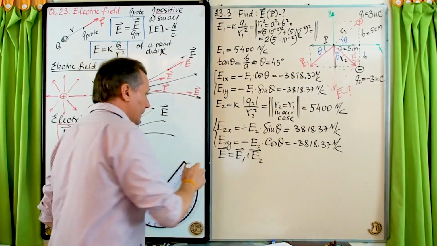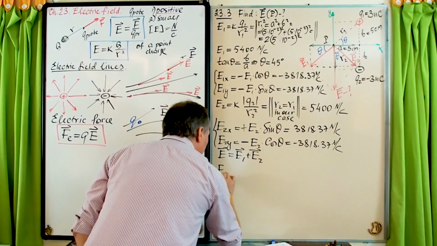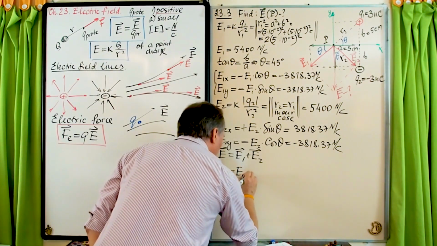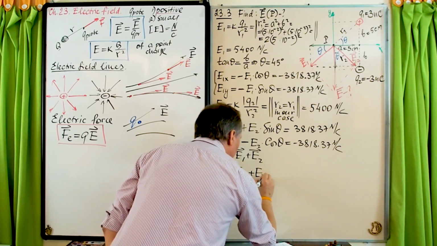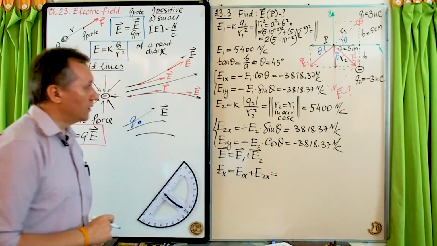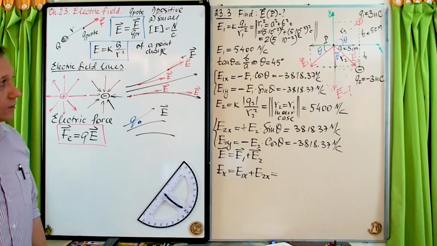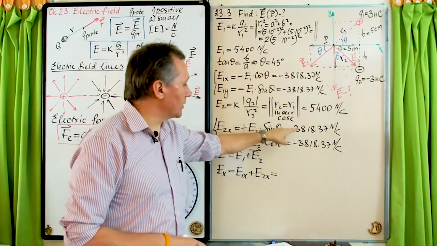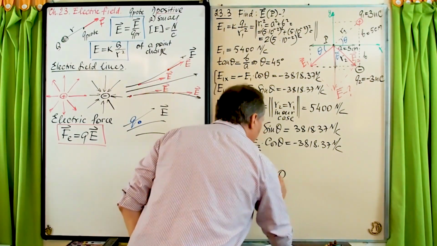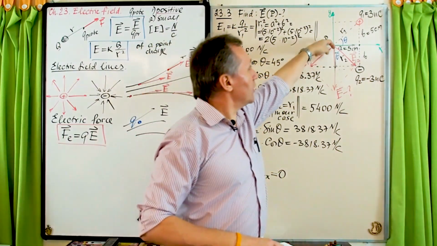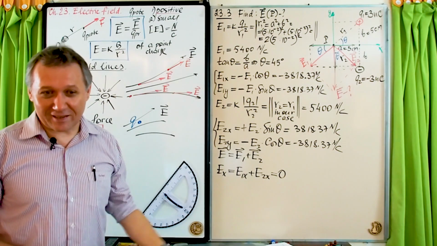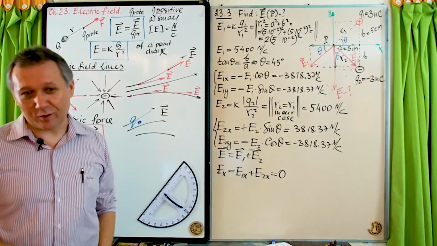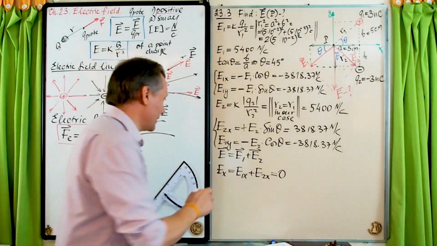So E sub x equals E1x plus E2x. Of course, they must cancel each other. This is positive, this is negative. And from the very beginning we saw it, because the net electric field points straight down, so the x component must be 0.